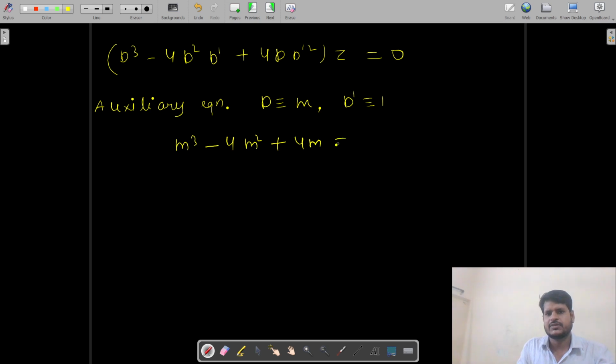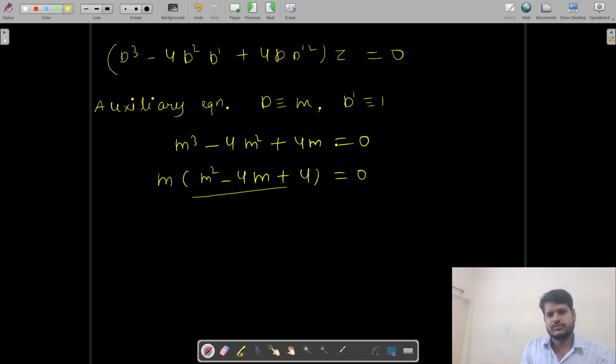I'm not writing 1 here, since d dash is equal to 1, so this is minus 4 m square, equal to 0. Now in this expression you can take m common, so this is m square minus 4m plus 4 equal to 0.